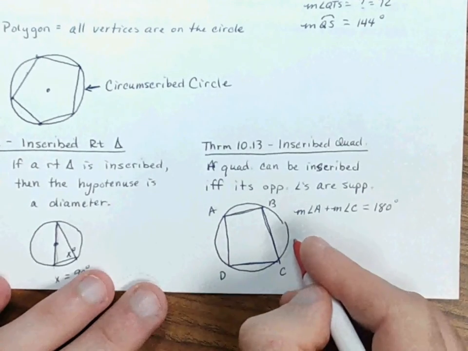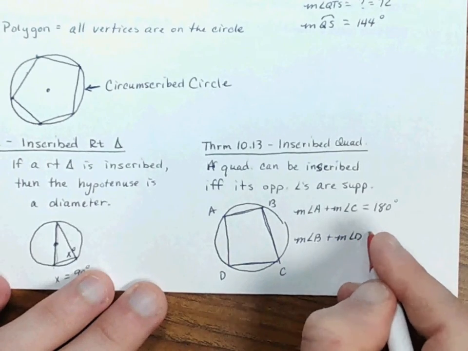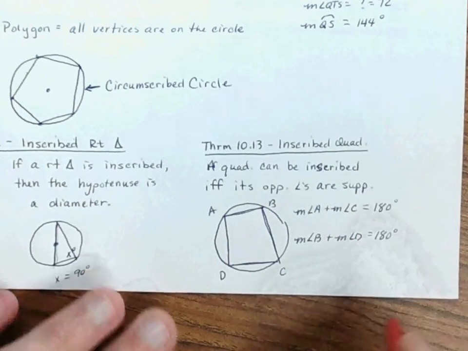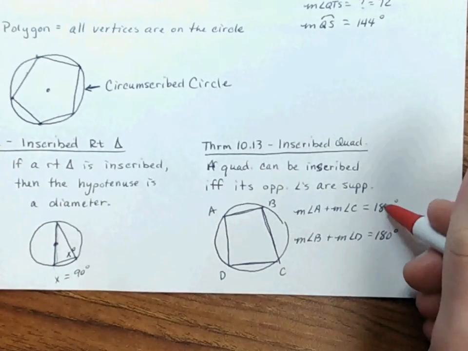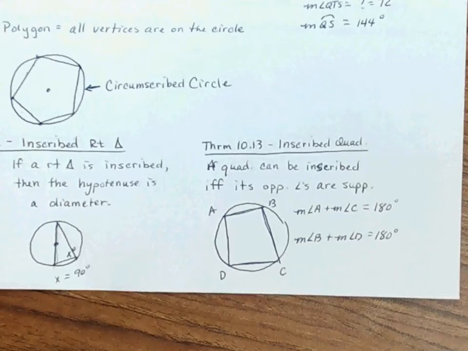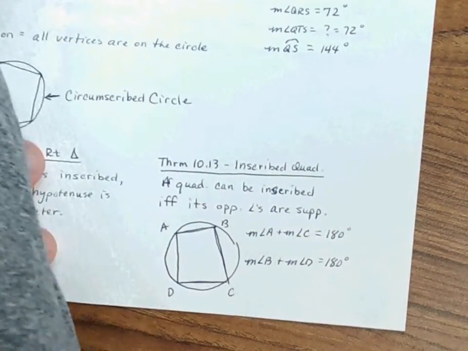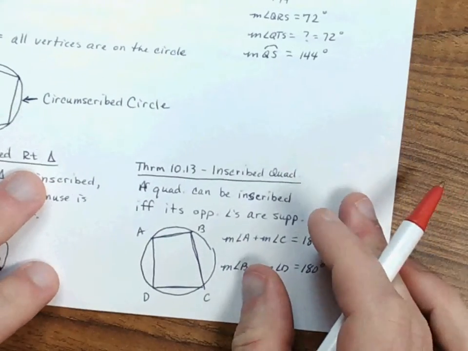Okay? And then the measure of angle B plus the measure of angle D is going to have to equal 180 degrees. Which makes sense because 180, 180 would give us 360. Alright? So we'll look at an example of that, and that'll be the last thing for 10.4.